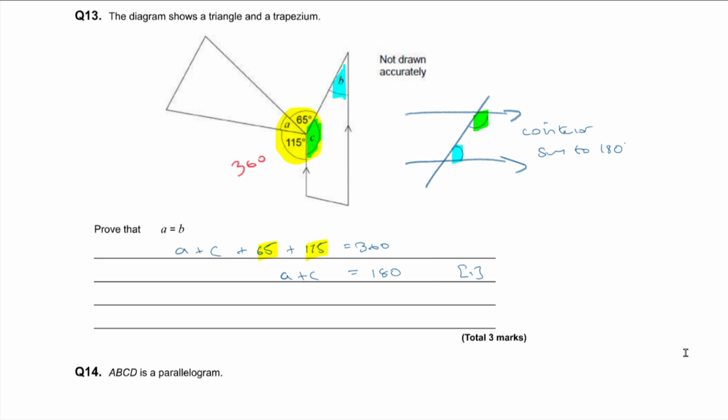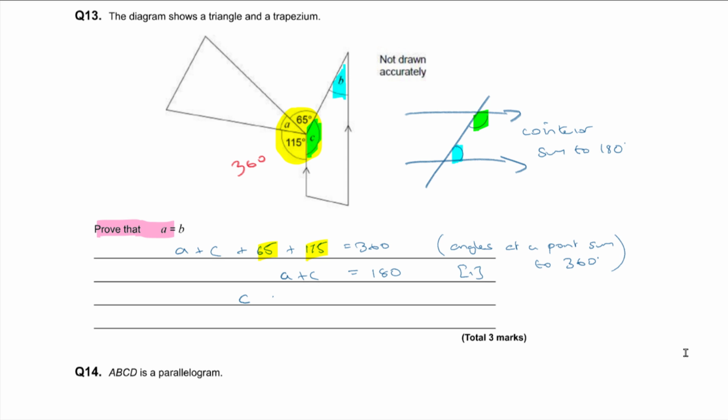So if it's saying prove, we should really say what the rules are. I'm just going to put in brackets the reason: angles at a point sum to 360. To prove that one, you really need to state the rule that you're using.